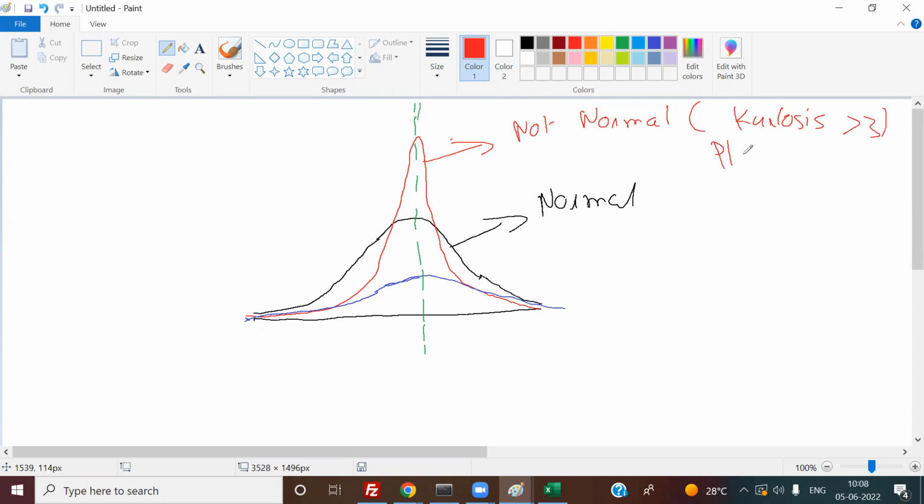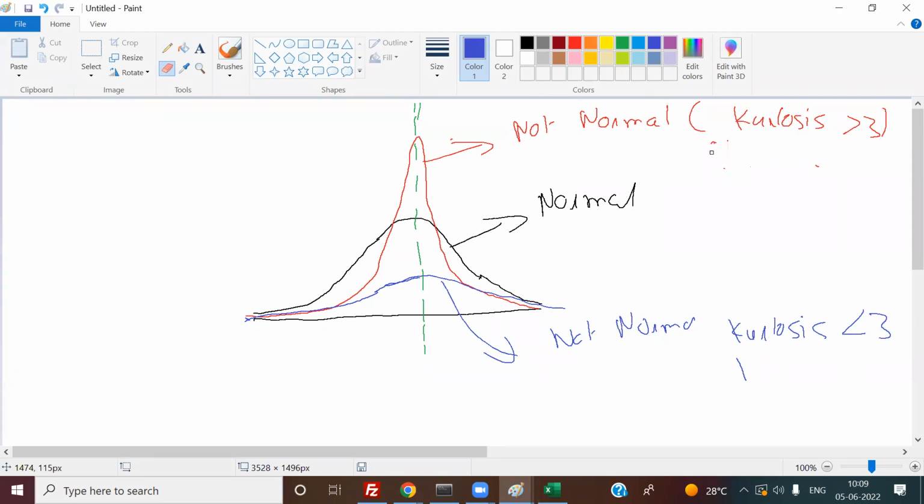It is also known as your platykurtic. And if you come for this one, blue one, this is also not normal because kurtosis is less than 3. It is known as your, sorry, my mistake.